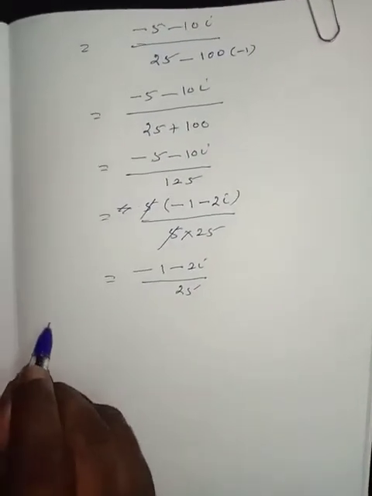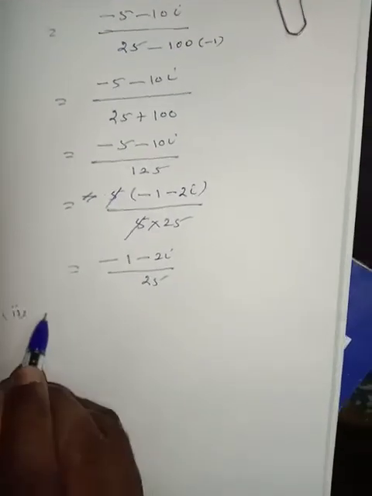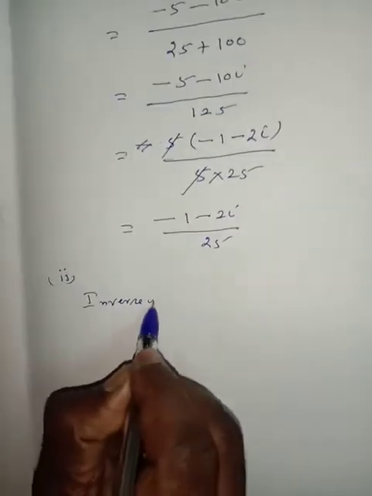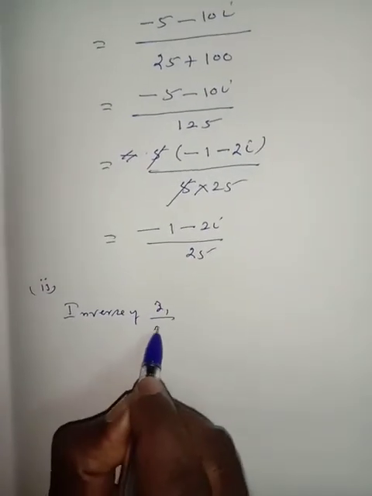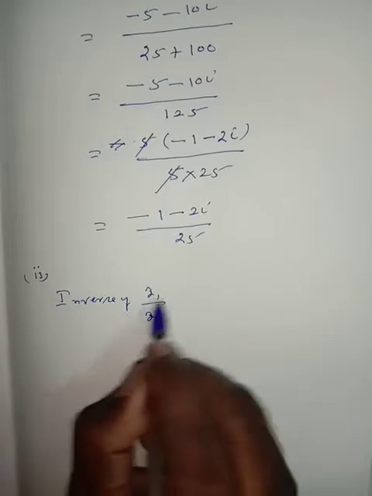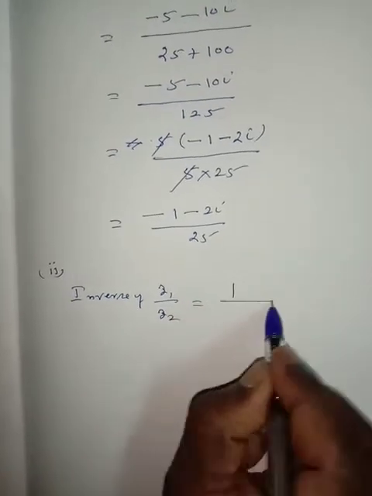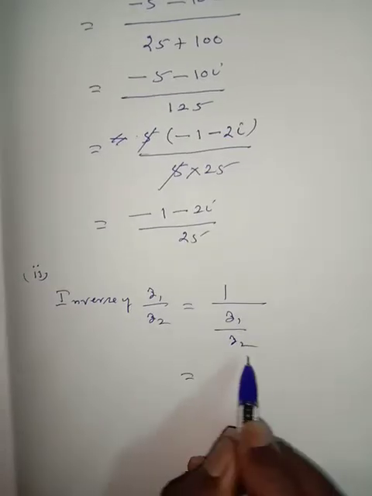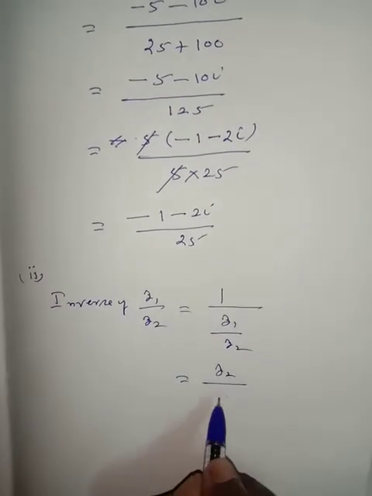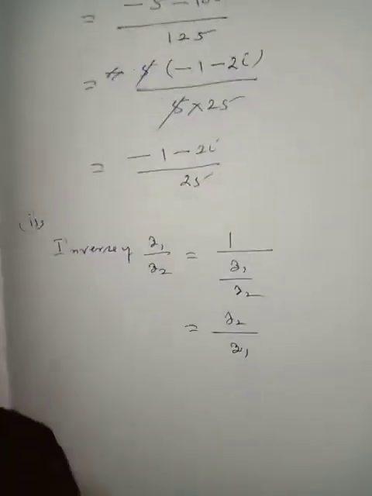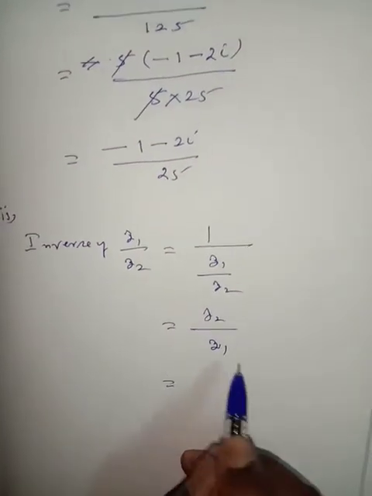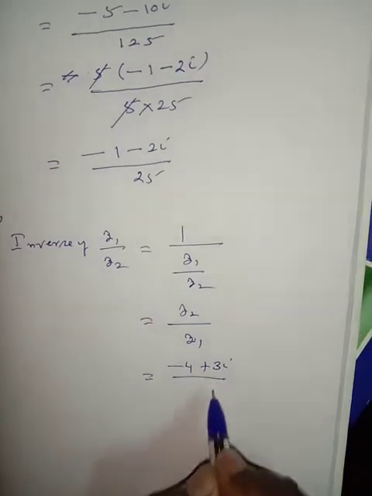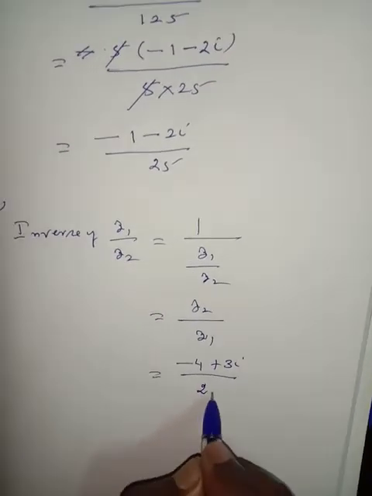Next, sub-question number 2: inverse of z1 divided by z2. The inverse of z1 divided by z2 is 1 by z1 by z2. Taking the reciprocal, we get z2 divided by z1. But z2 is minus 4 plus 3i and z1 is 2 minus i.